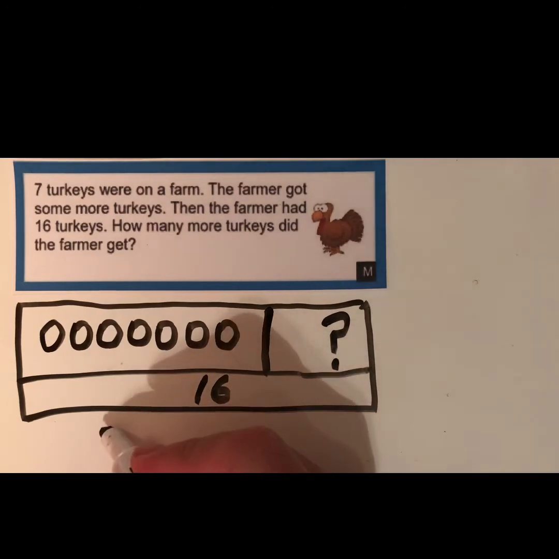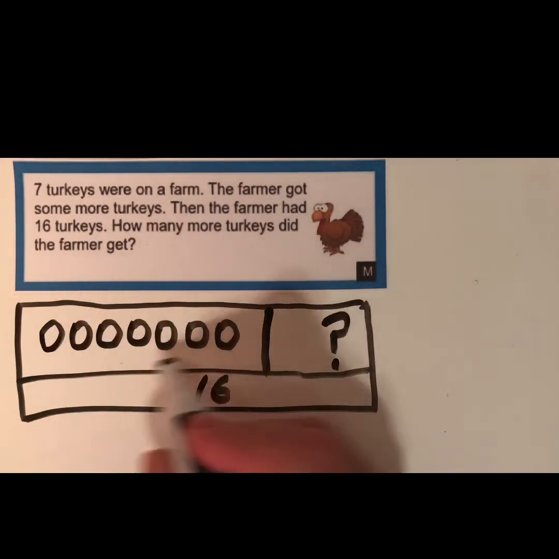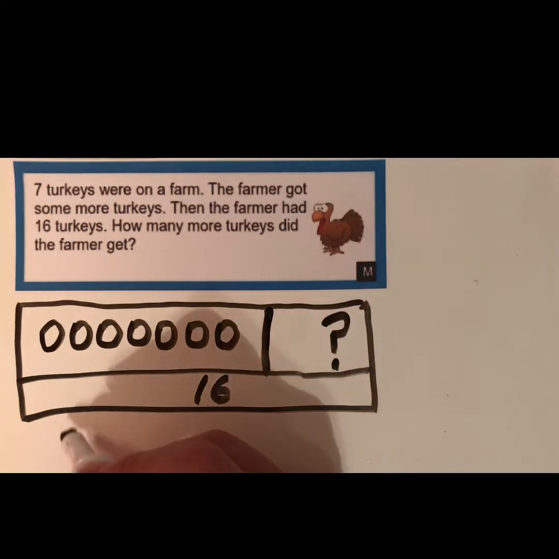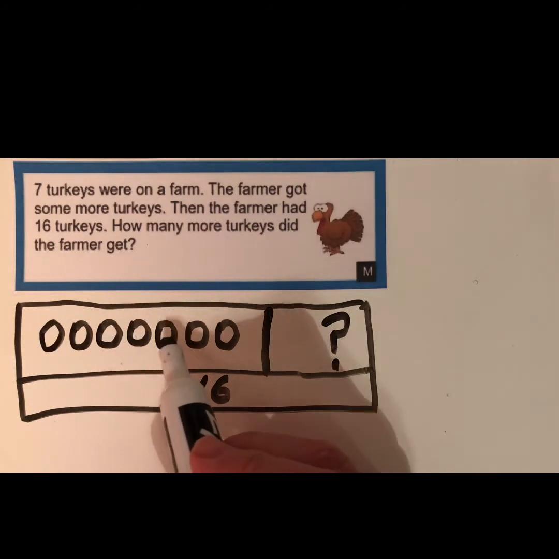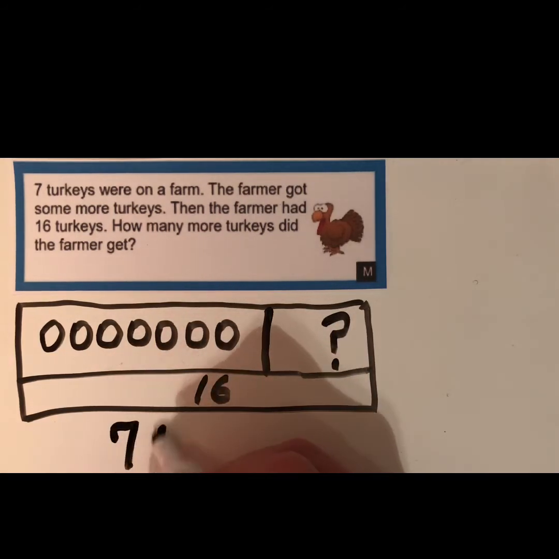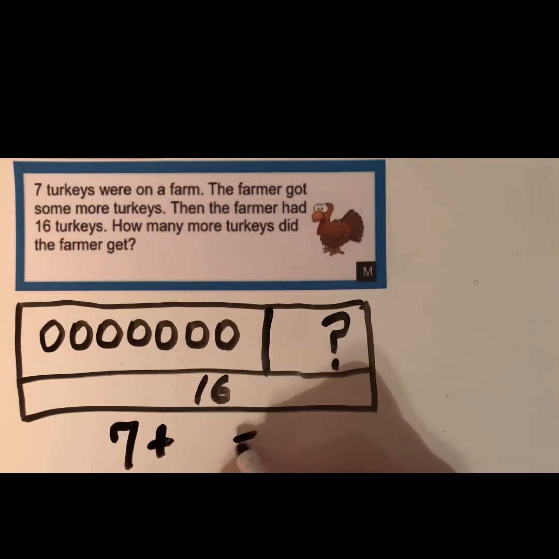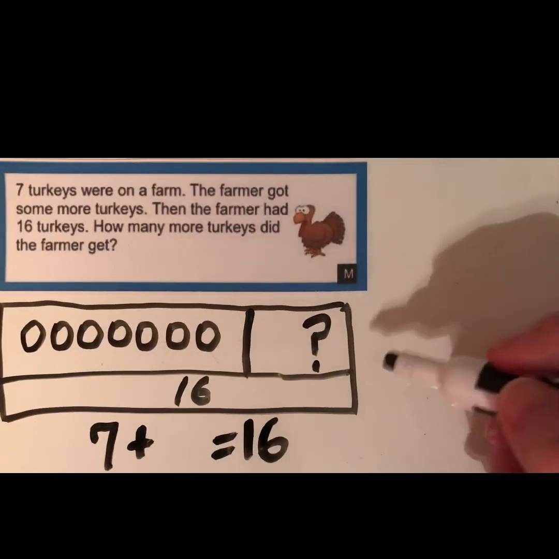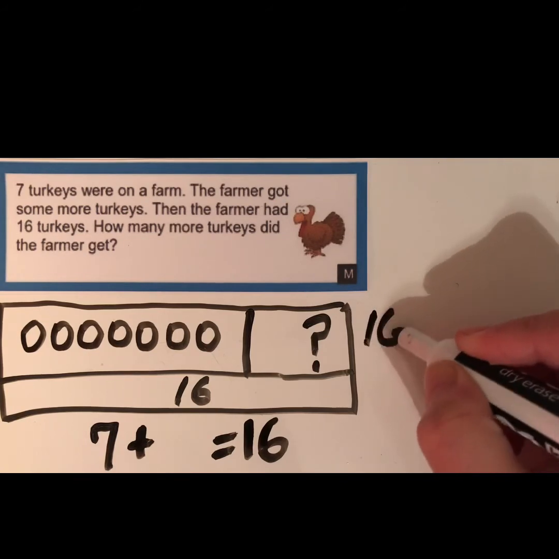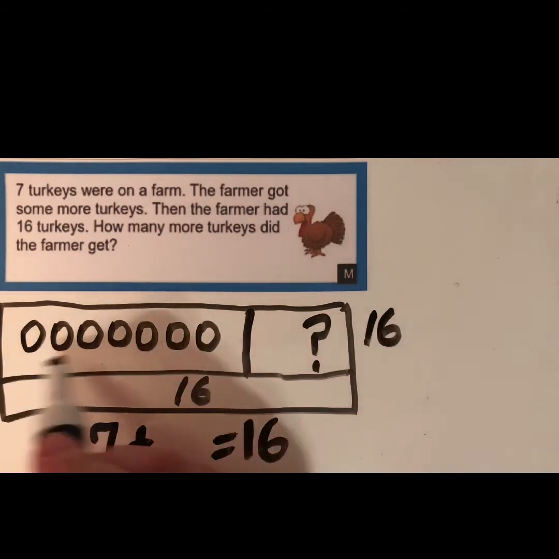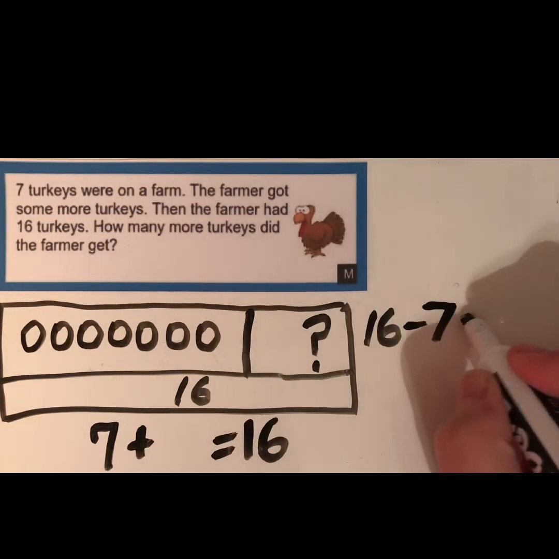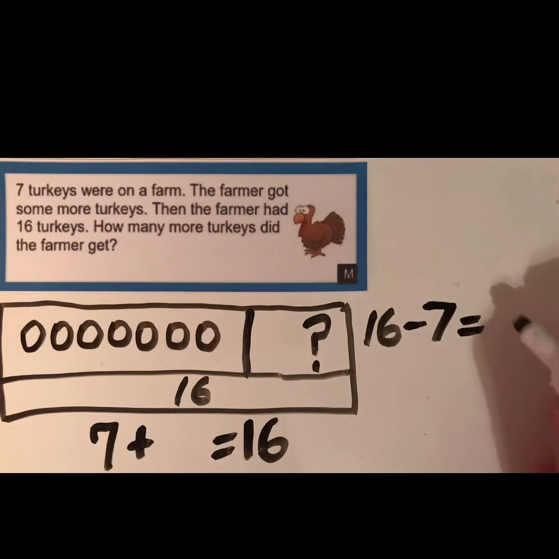So that means I can take this part plus this part to get to 16. 1, 2, 3, 4, 5, 6, 7 plus the mystery part equals 16. But another way would be to say that we know the total is 16. If I subtract the part that I see, that leaves 9.